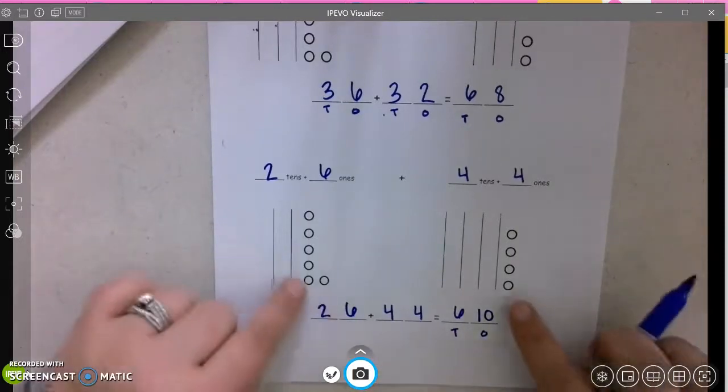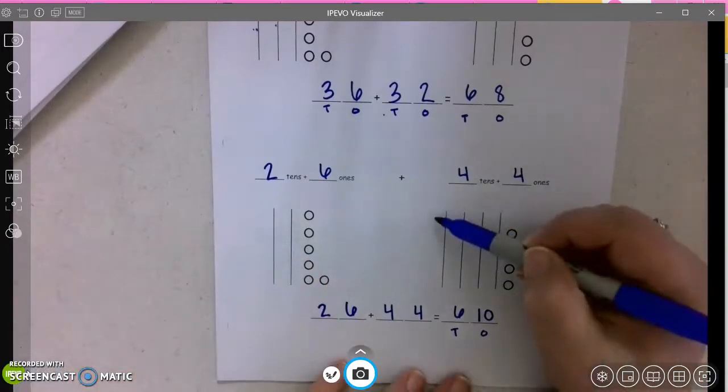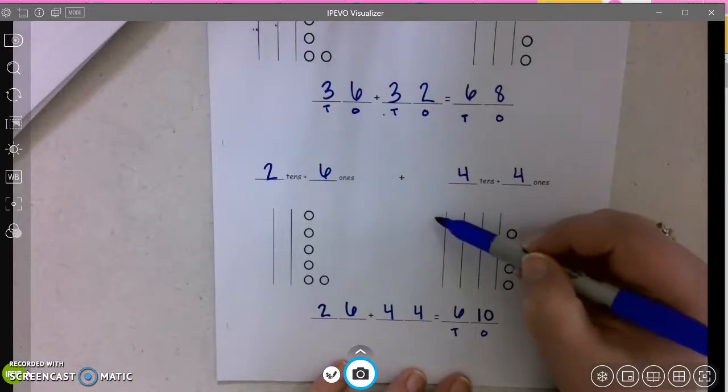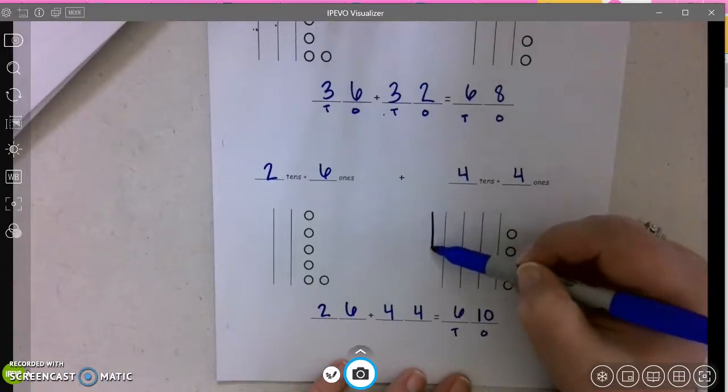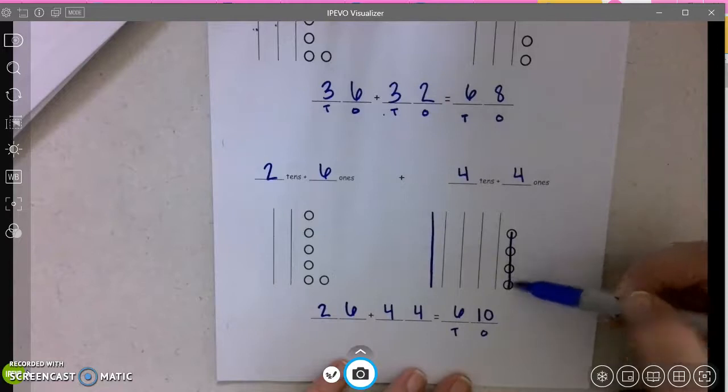So if I have 10 bits, what do I call that? Regrouping? I regroup and make it a stick.